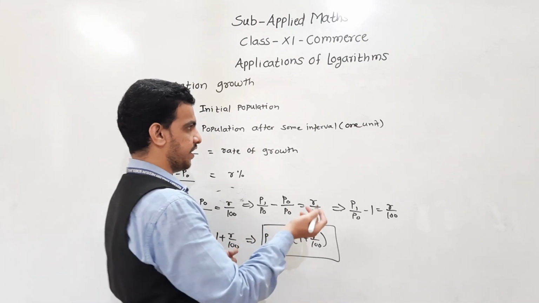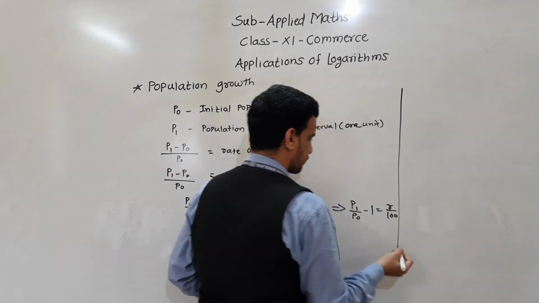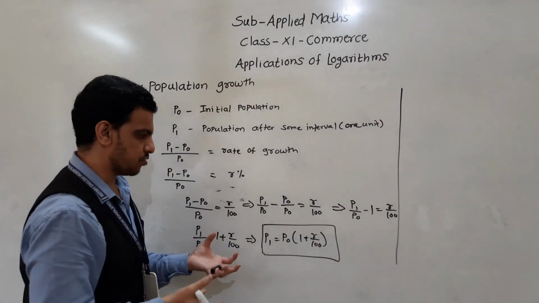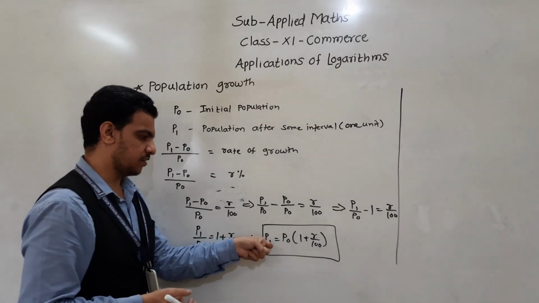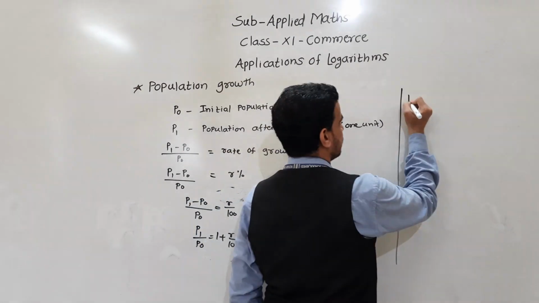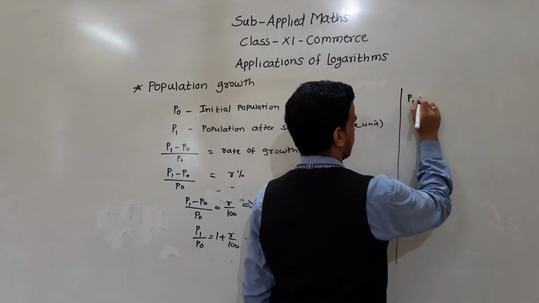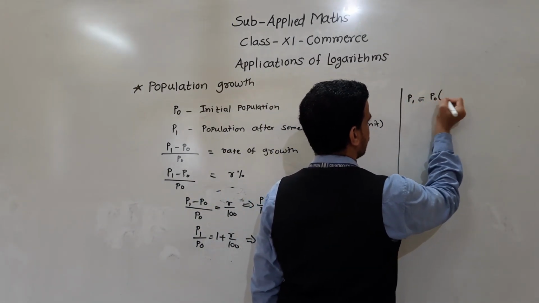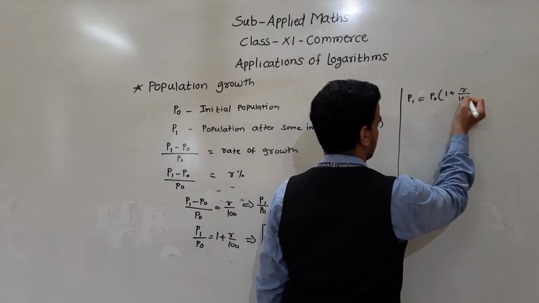Okay, so similarly, suppose we take the population after 1 year, then P1 is equal to P0 into (1 plus R by 100).